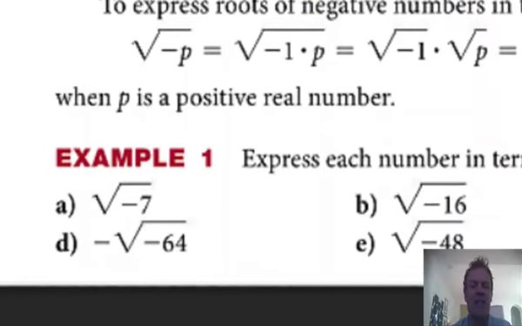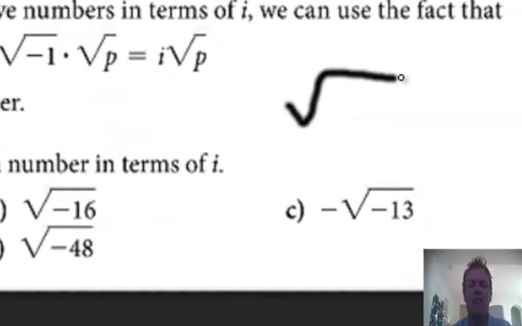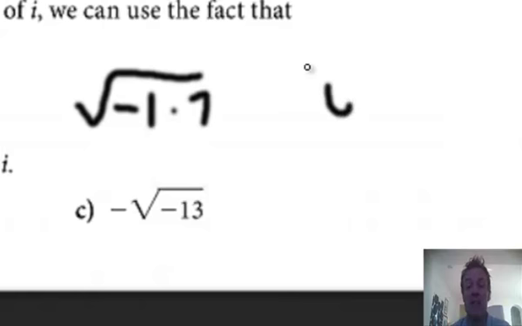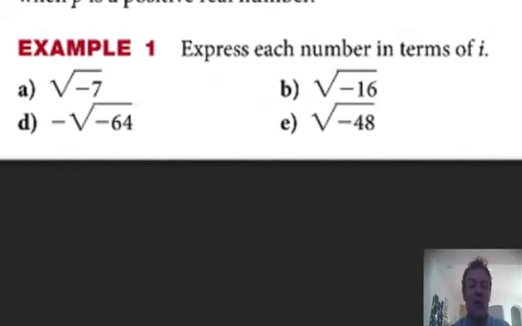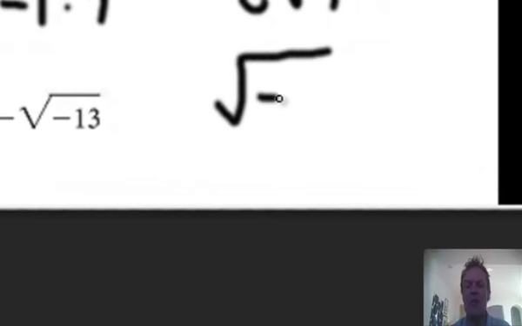The square root of negative 7, we can write as the square root of negative 1 times 7. Remember, the square root of negative 1 is the letter i. I can't actually do anything with root 7, so there's the answer to A. Let's have a look at B. The square root of negative 16, I can write as the square root of negative 1 times 16.